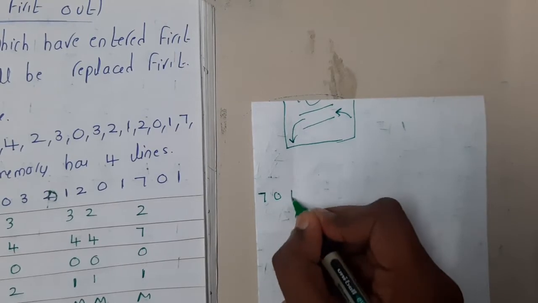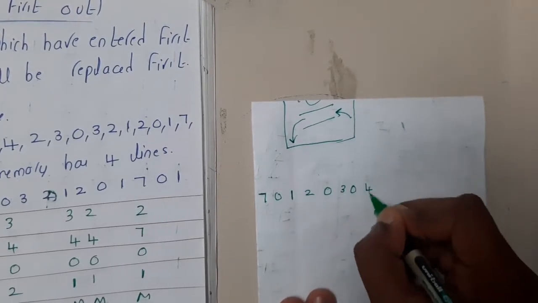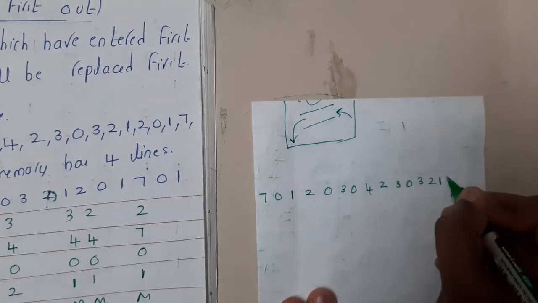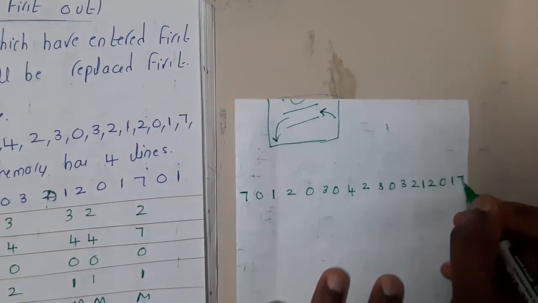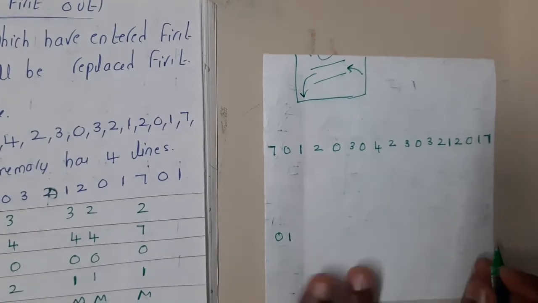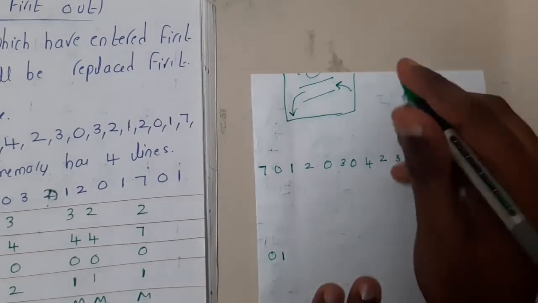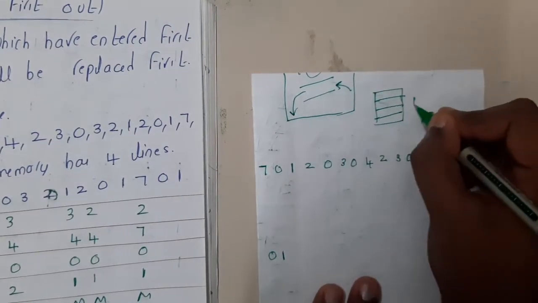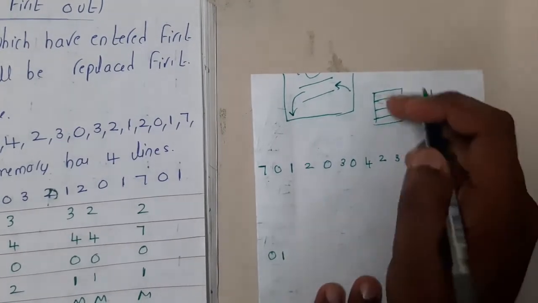The series is 7, 0, 1, 2, 0, 3, 0, 4, 2, 3, 0, 3, 2, 1, 2, 0, 1, 7, 0 and 1. This is the series which we want to push. Assume we have a cache of 4 slots, so indirectly 4 lines, and these are the block numbers you want to store here.